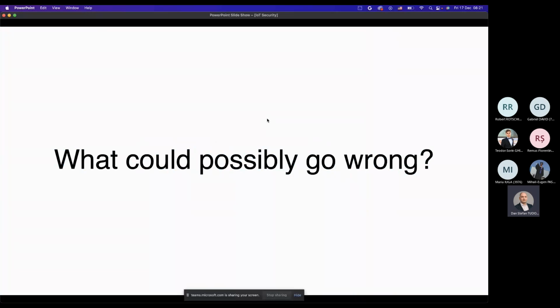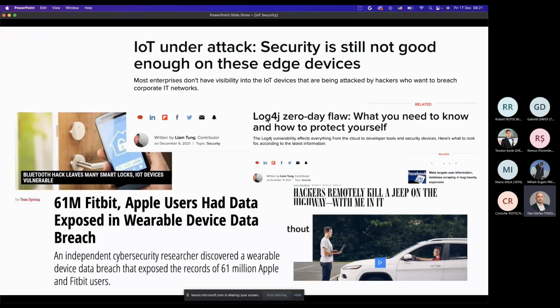It's a field where you have billions of devices connected to each other and to the internet, with a lot of parameters, a lot of specifics, and they can very easily become the target of an attack. And these attacks have happened in the past, and they are happening even as we speak.